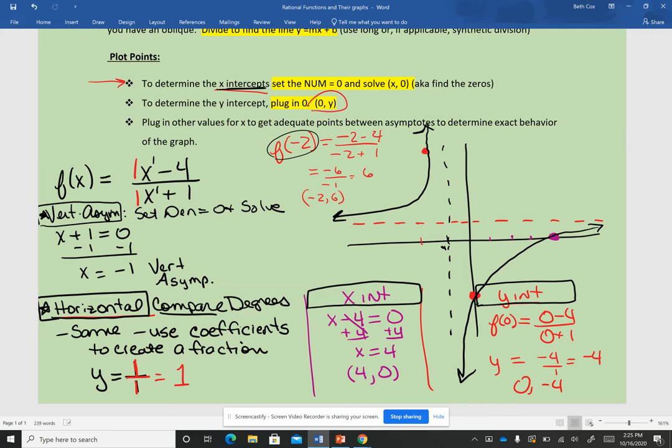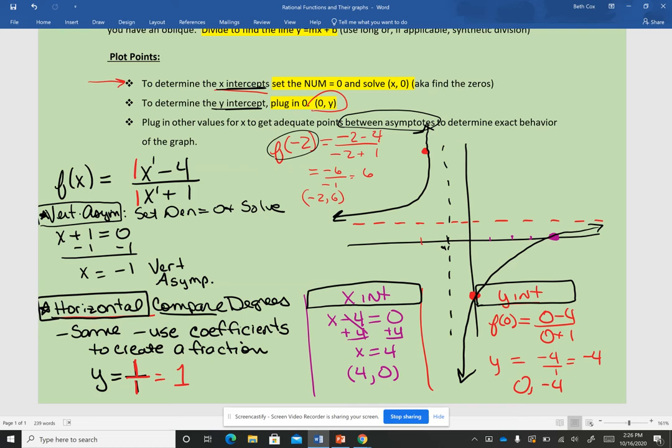Notice it says in your instructions here, between the asymptotes. I had 2 points already on the right of my vertical asymptote, so when I picked a point, I picked one on the left. I want to make sure I'm on both sides of my asymptotes to make sure I know where it is. So that's what we would generally do to pick out the graphs of our rational functions.